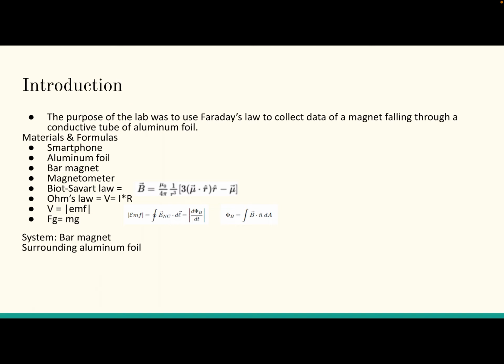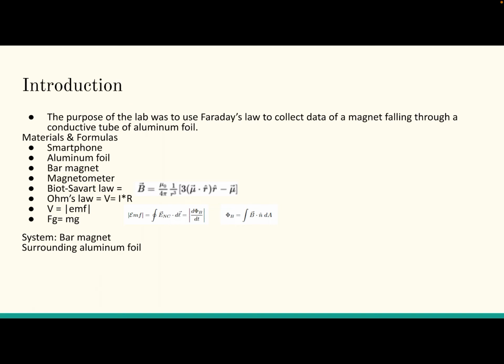Then, voltage here will be the absolute value of EMF, and to calculate EMF we get the derivative of the magnetic flux, where the flux will be the integral of the magnetic field times the number of loops times the derivative of the area.